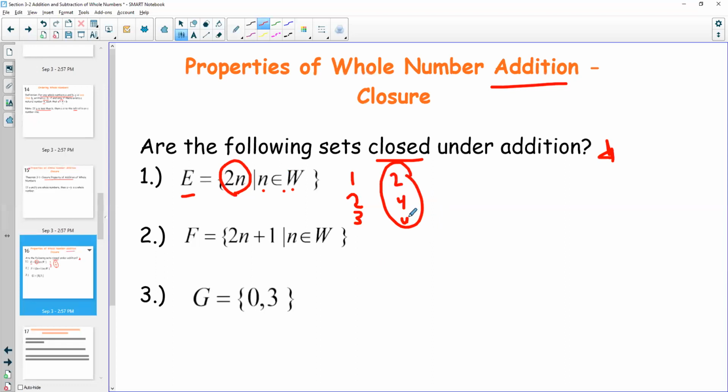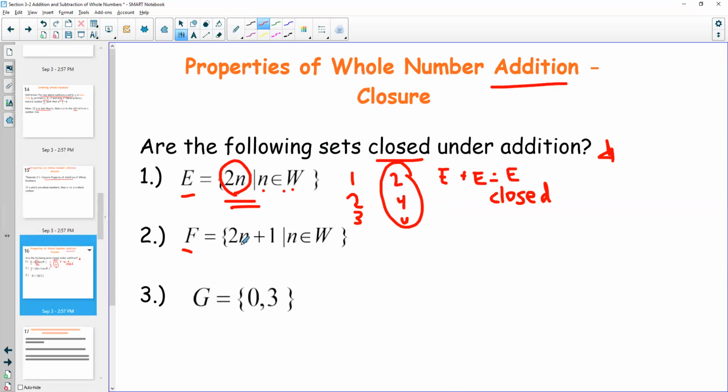If I add 4 and 6, I get 10. Am I ever going to get an odd number? No, right? Any even plus even is always going to be even. So no matter what I add together here, I'm going to get an even number, and this set is all even numbers. So it's closed, because no matter what I add together, I get something that's still in my set.